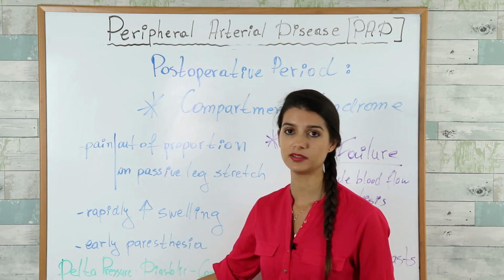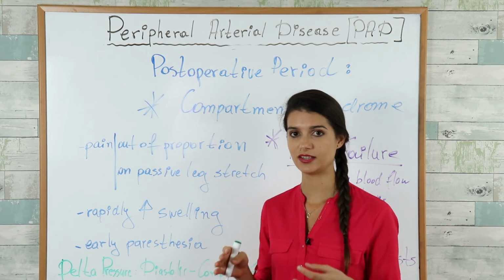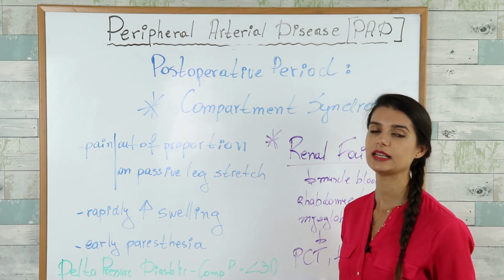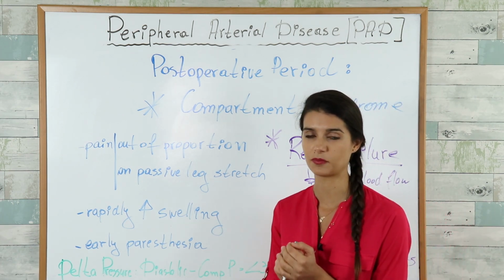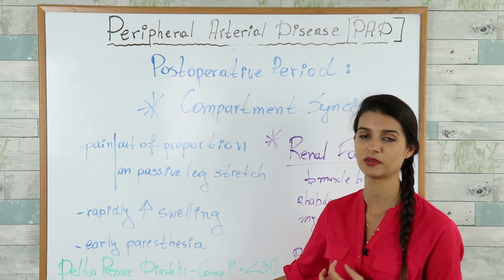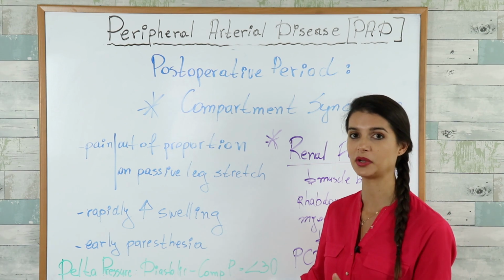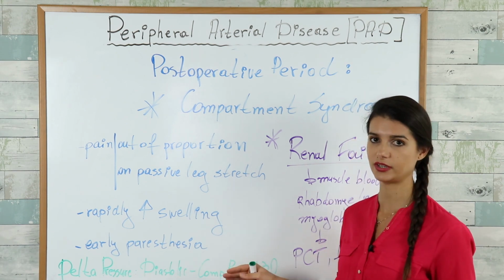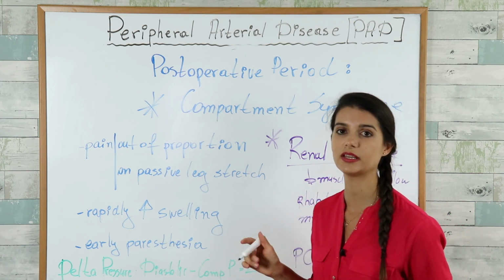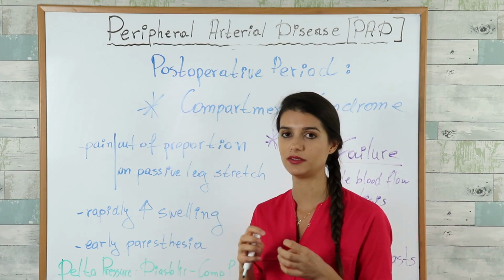So there is this delta pressure, which you get when you subtract the compartment pressure from the diastolic pressure. If the delta pressure is less than 30, you have diagnosed compartment syndrome and you have to go in there and perform fasciotomies to relieve the pressure.